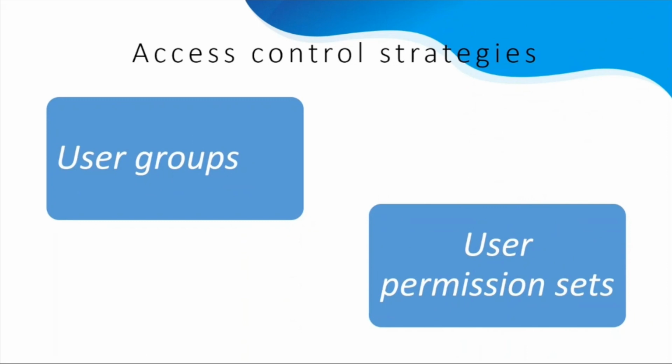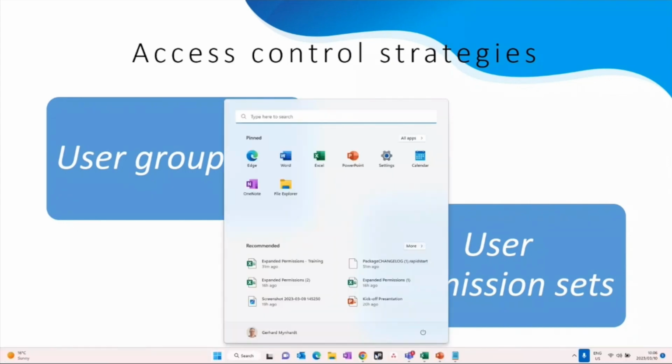And within your user permission sets, you have the underlying object types, where you specify what type of permission you require and to which underlying data sets the permission needs to be set up. So I'm going to open up Business Central, and then I'm going to take you through the user groups and user permission sets.